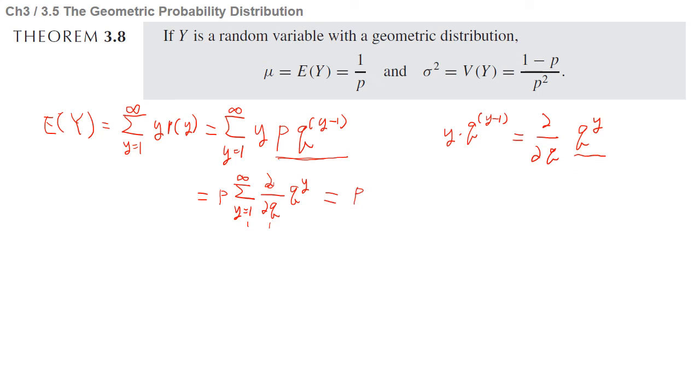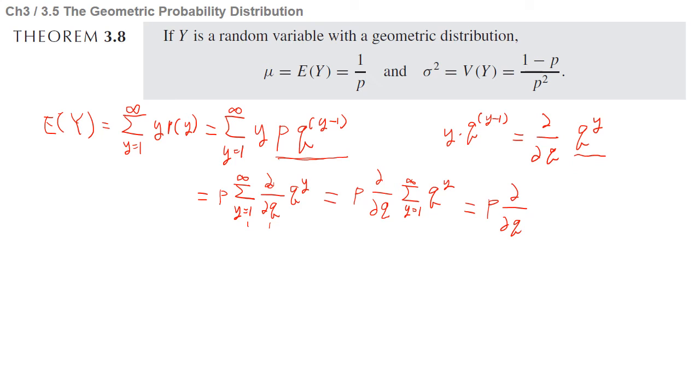So we have p times d/dq of the summation of q^y, y equals 1 to infinity, where q is less than 1. I think you learned the formula for this series in a calculus class, or maybe in high school calculus.